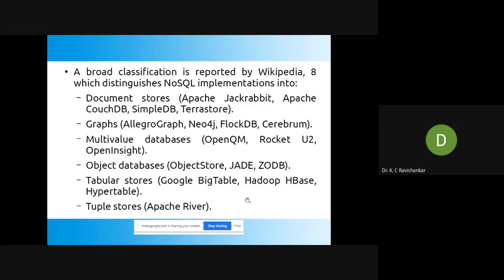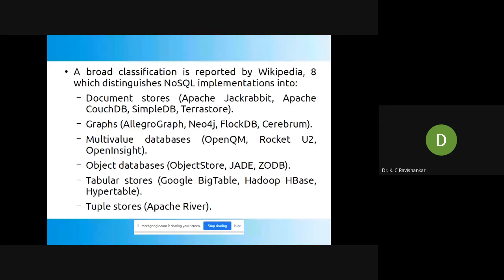A broad classification is reported by Wikipedia, which distinguishes NoSQL implementations into document stores. It is also available on page number 8.10 of the regular textbook. Document stores: Apache Jackrabbit, Apache CouchDB, SimpleDB, TerraStore.